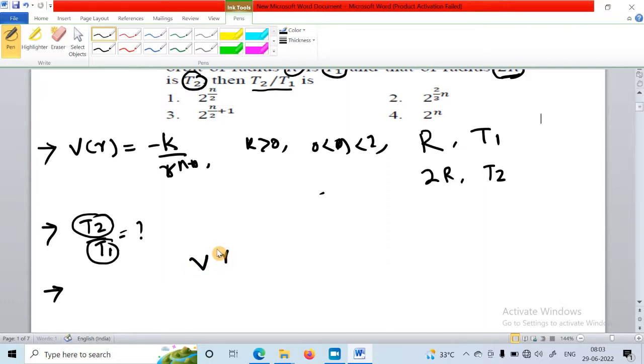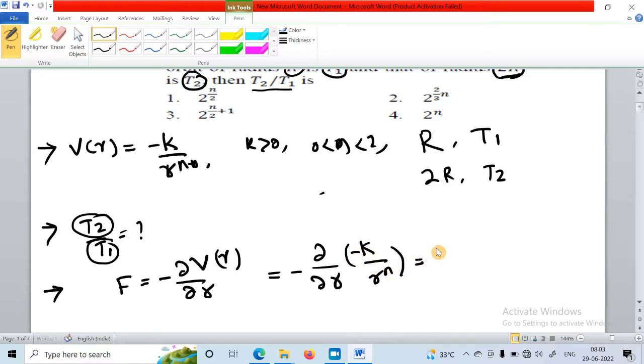The force is the negative derivative of the potential. So here this will be minus d by dr of minus k by r to the power n, which is actually n k by r to the power n plus 1.